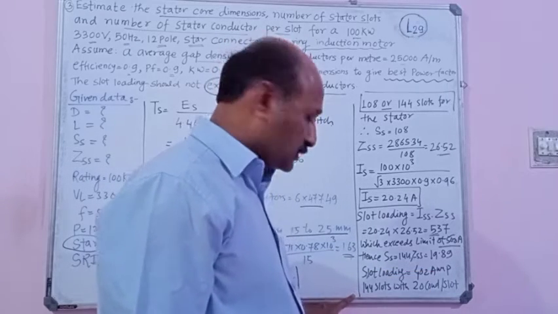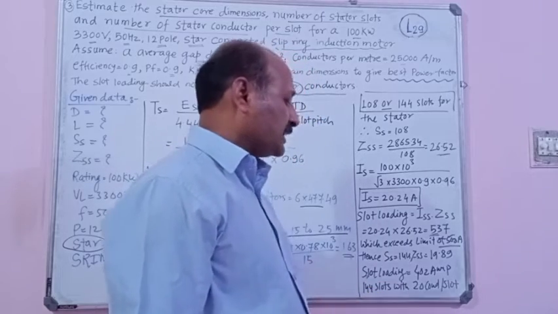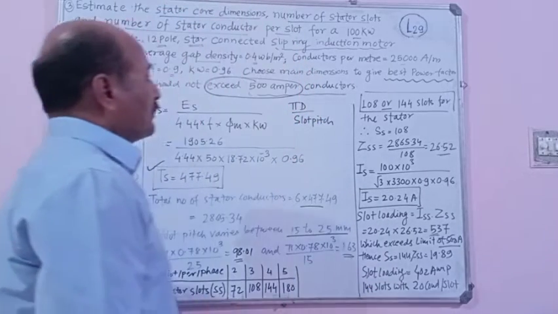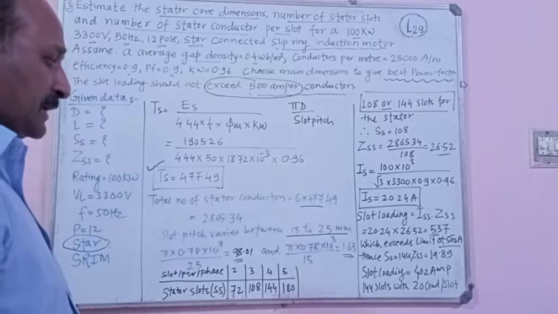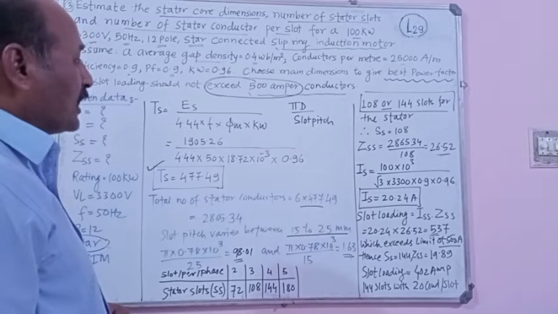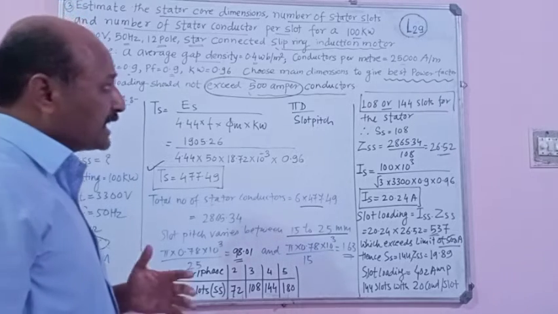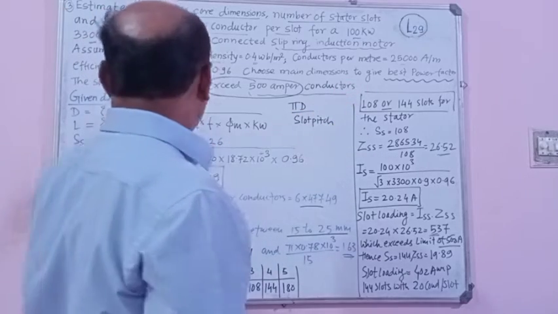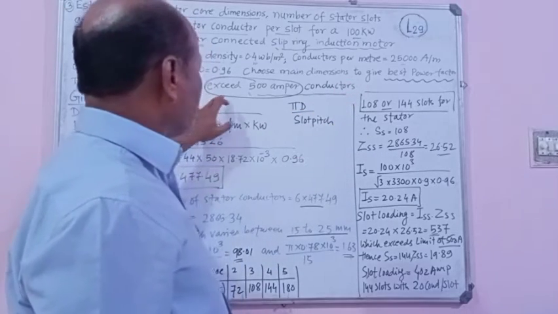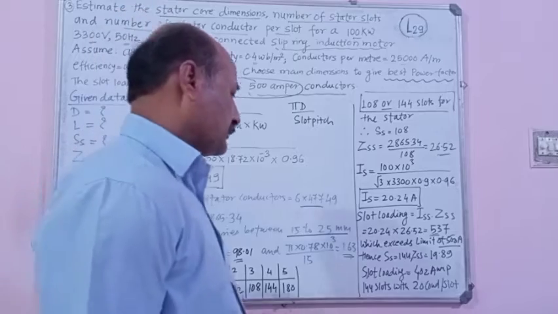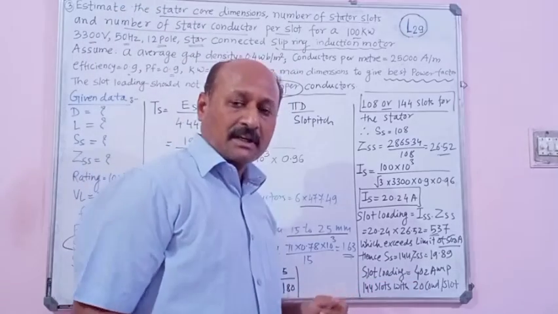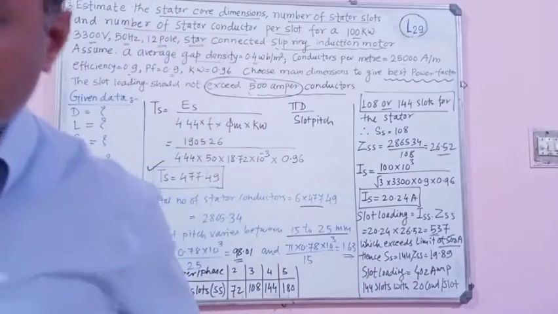Hence 144 slots with 20 conductors per slot will be the value of stator slots and conductors per slot to choose the main dimension to give the best power factor, and the slot loading does not exceed 500 ampere. We are getting 402 ampere. Now see the next numerical.